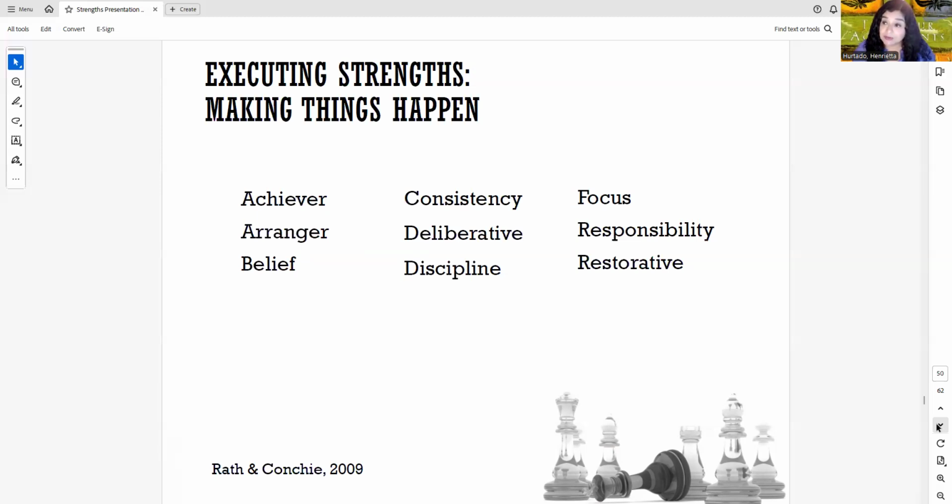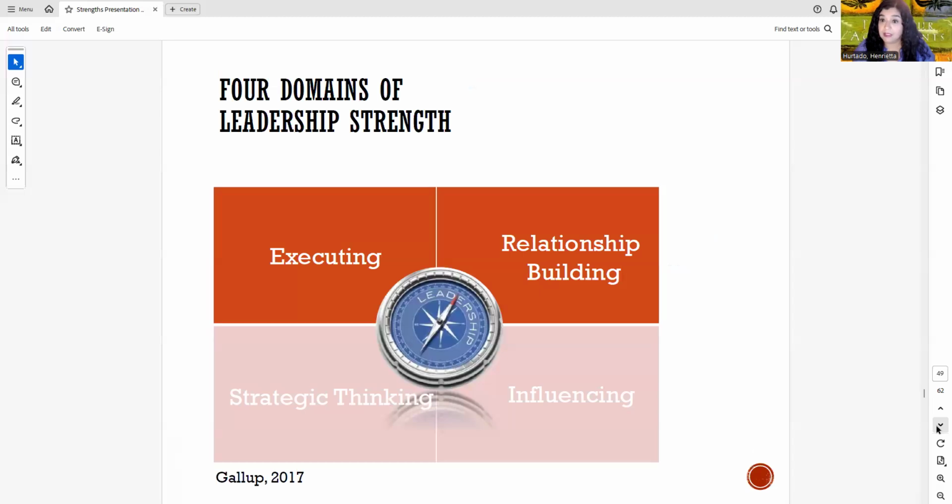So if you were an achiever, for example, an arranger, like I am, or had belief, consistency, deliberative, discipline, focus, responsibility, or restorative, then people with these themes would be under the executing strengths domain of leadership strength.